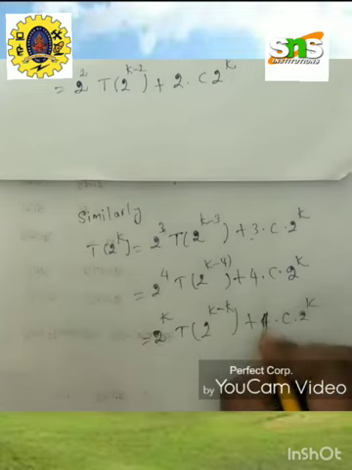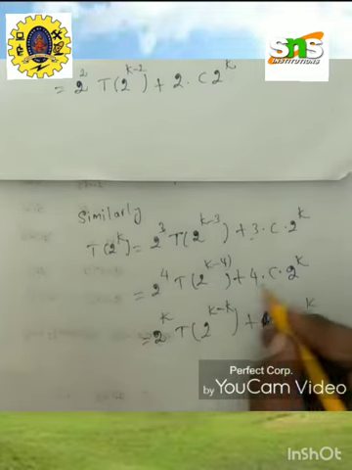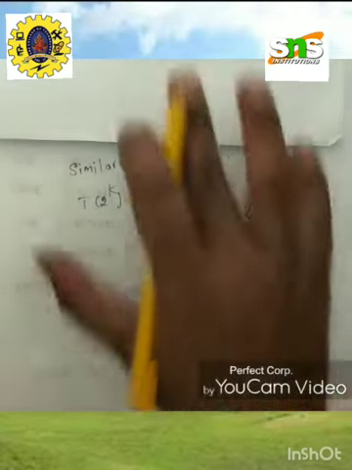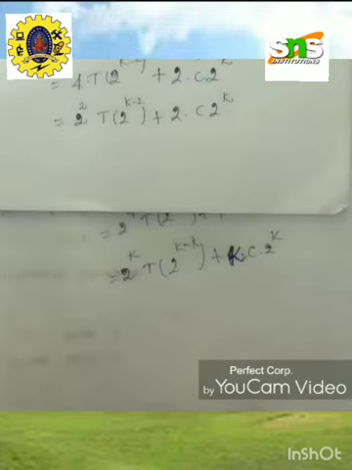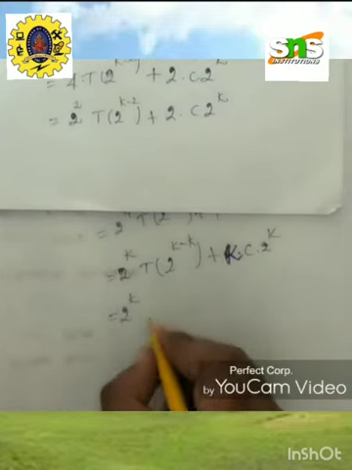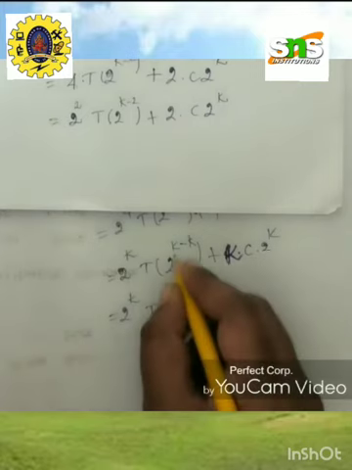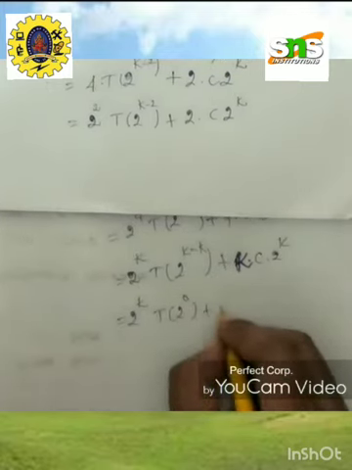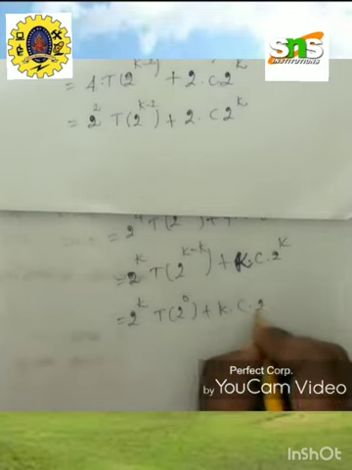This 4 is nothing but k, a k value, the general term. I take a general term to prove the time complexity of merge sort. So simplify: 2 power k into T of 2 power 0, plus k dot c dot 2 power k.